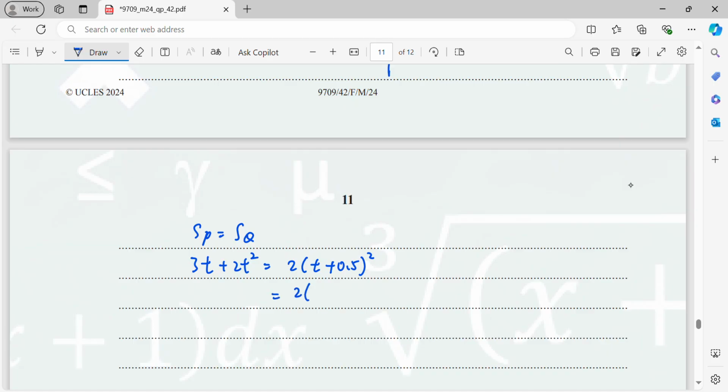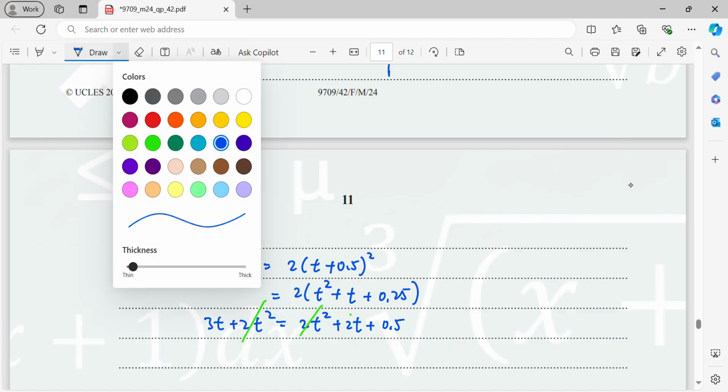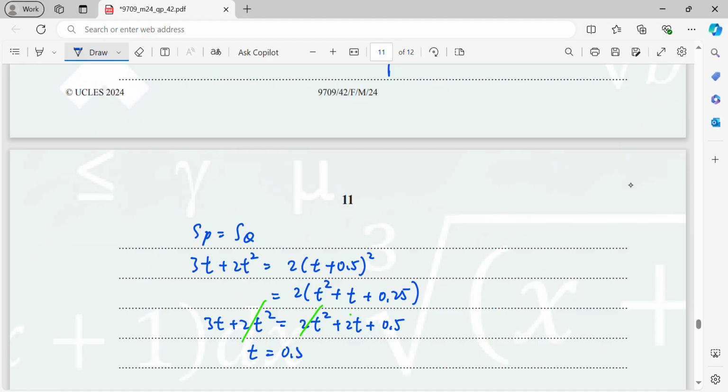For the left side, that is T squared plus 0.5T times 2, that is T, then plus square of 0.5, that is 0.25. And do the calculation for left side, 2T squared plus 2T plus 0.5. Right side is 3T plus 2T squared. So obviously the 2T squared will be cancelled off. Okay, then this 2T move to the other side becomes 1T. So I get T equals to 0.5.